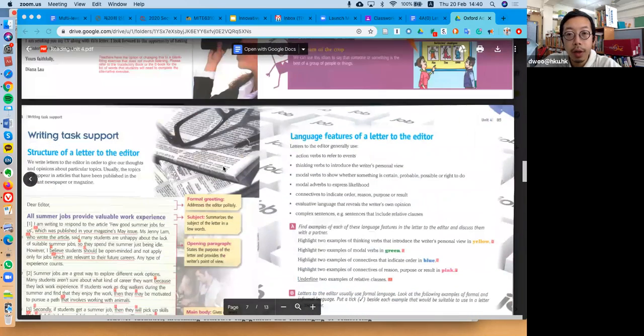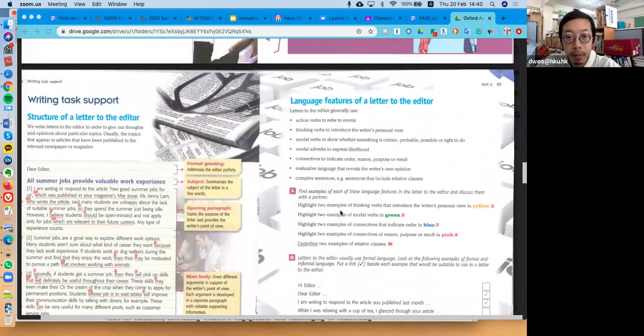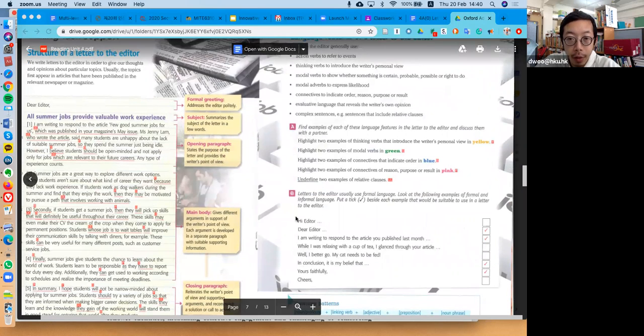And then you see certain kinds of language features that you might want to look at. These are certain features of language that I think are really useful. Dear editor, I'm writing to respond to. In conclusion, yours faithfully. Any questions?